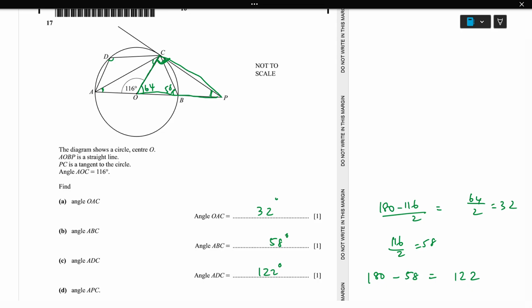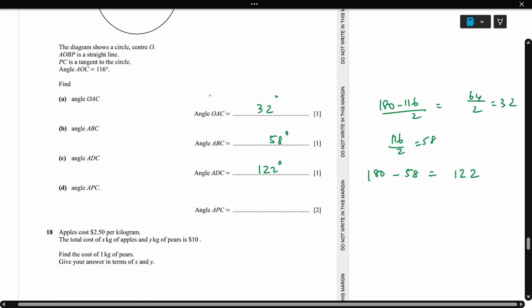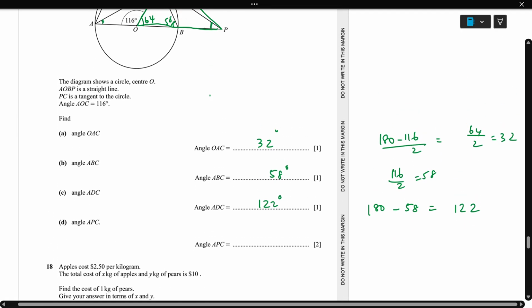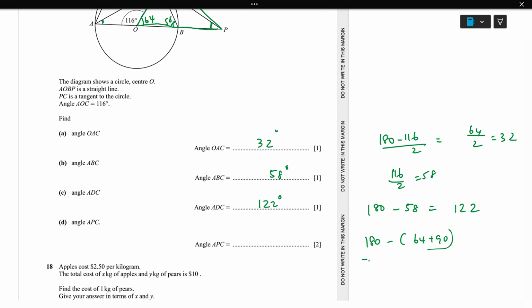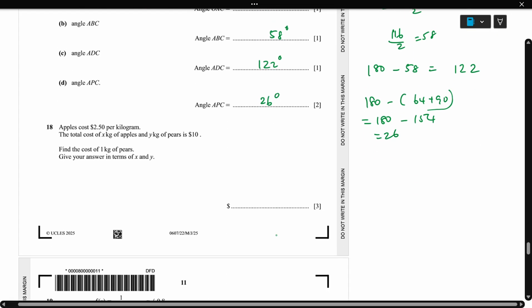Just take away from 180, because all three angles add up to 180 degrees. So 180 minus 64 plus 90, which is 180 minus 154. The answer is 26 degrees. So 26 degrees here.